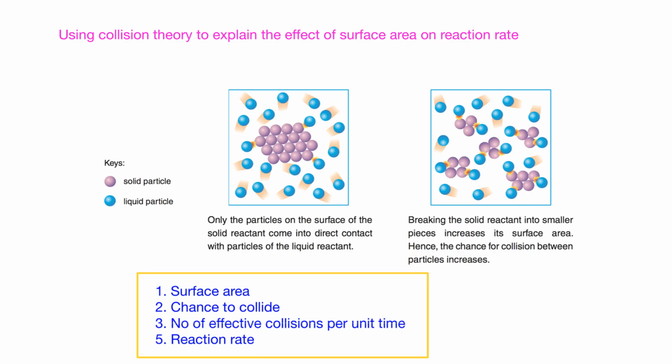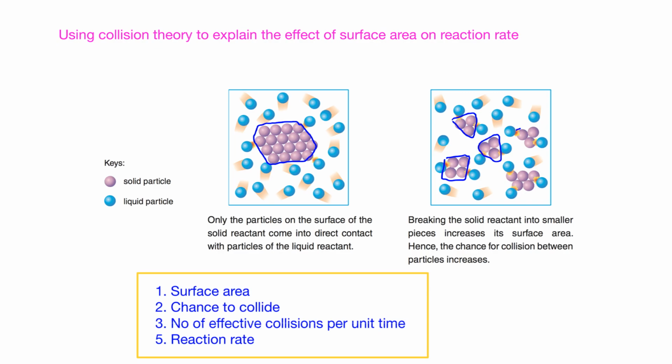Using collision theory, we try to explain why the surface area will affect the rate. You can see in this picture, if it is in lump form, only these surfaces can have collision with another reactant. But if you break it down into smaller pieces, each of the small pieces has a larger surface area.